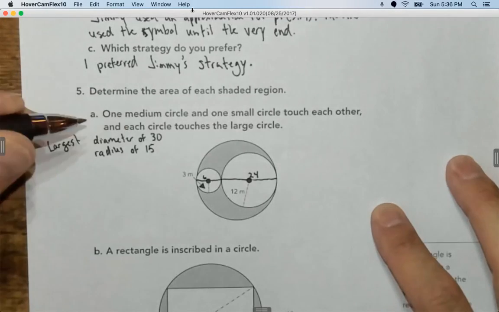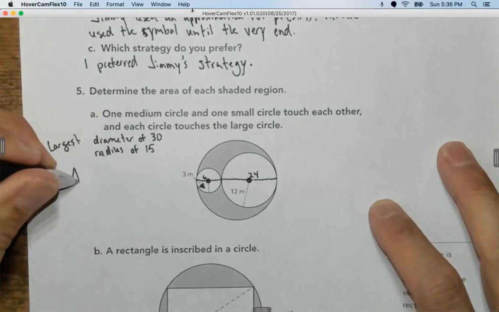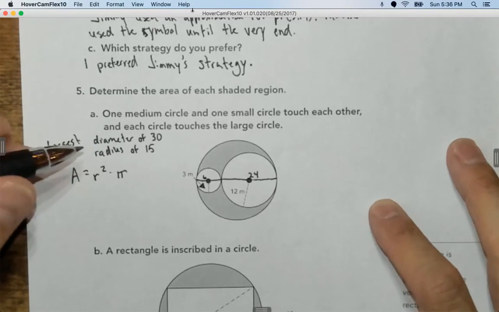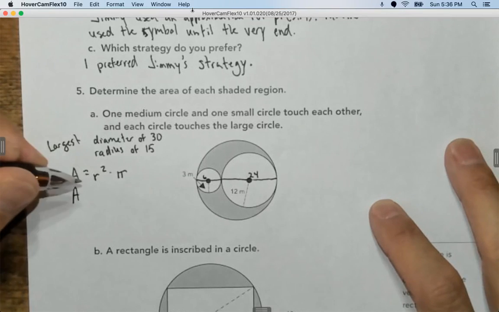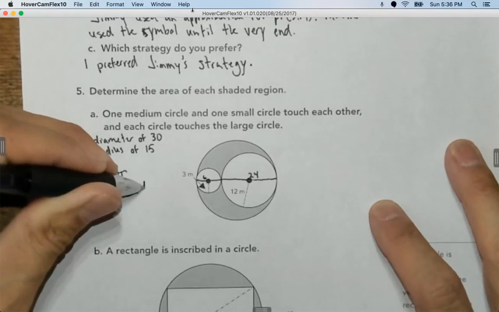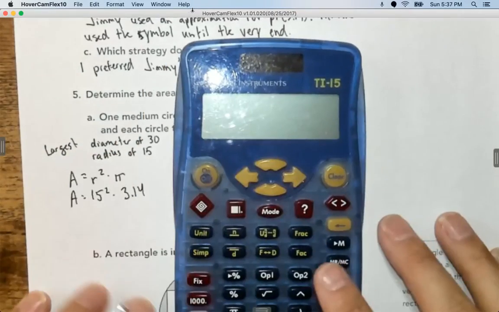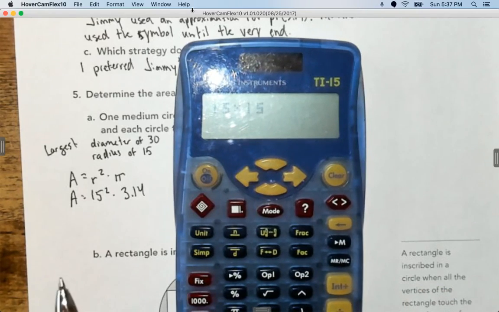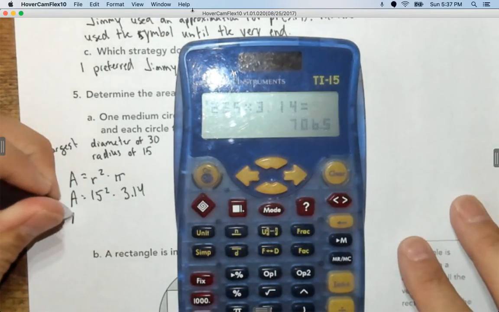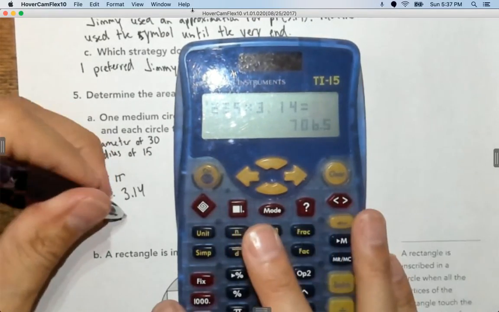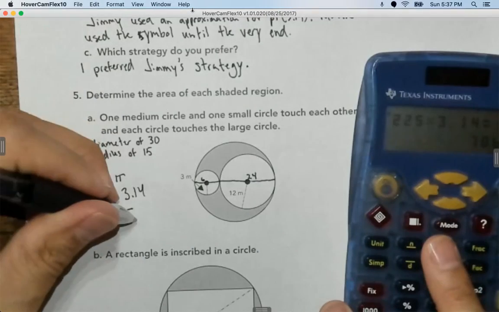For the very largest circle, I would want r squared times pi, so I would have 15 squared times 3.14. Then I would have 15 to the second power times 3.14. That is going to give me an area for the very largest circle of 706.5 meters squared.